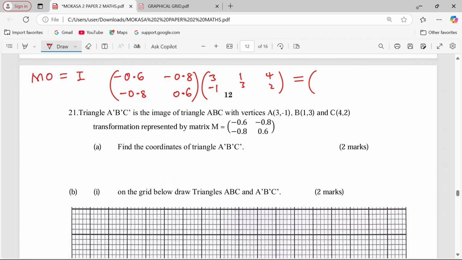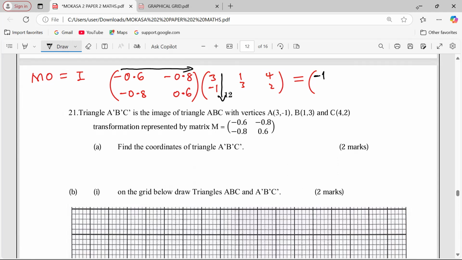Now you start multiplying the matrix. This row multiplied by the first column will give us the first coordinate. So we have -0.6, you open brackets for 3, then -0.8, open brackets for -1. That gives us -1.